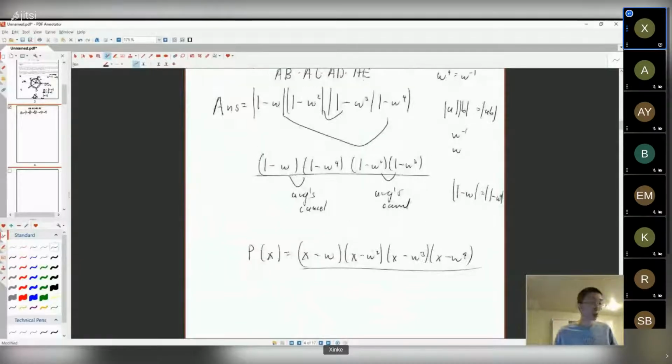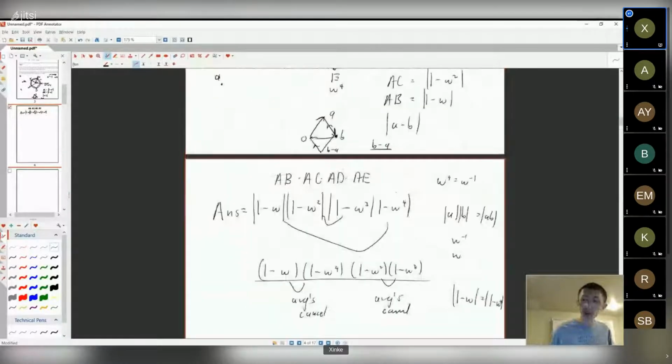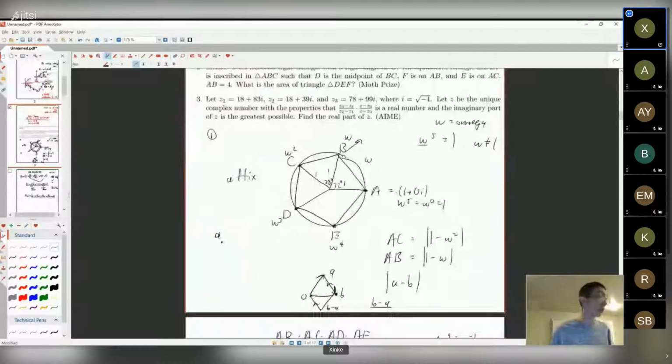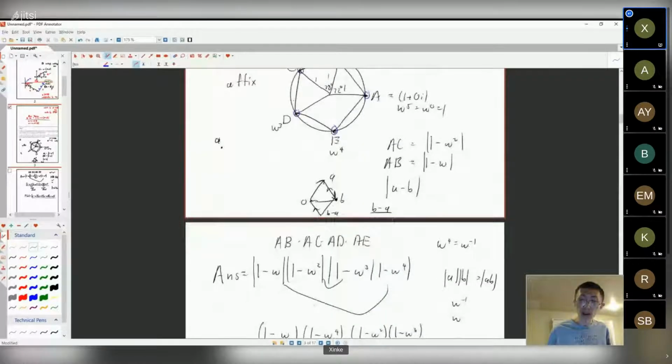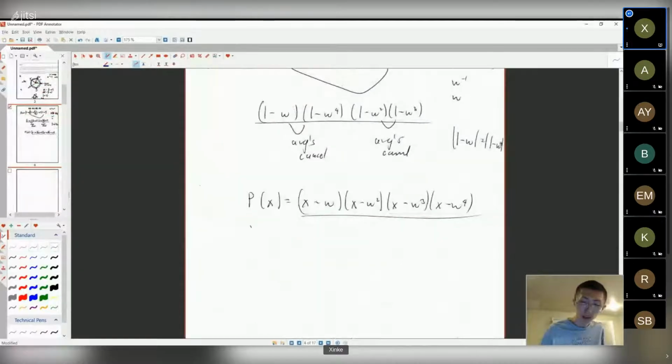So this is like saying which polynomial has the primitive roots of fifth roots of unity as the roots. So, we want a polynomial with these 4 complex numbers as the roots. Well, I know that if I added in the point A as a root, so if I had q of x is 1 minus x times p of x, then this is just x to the 5th minus 1, right?